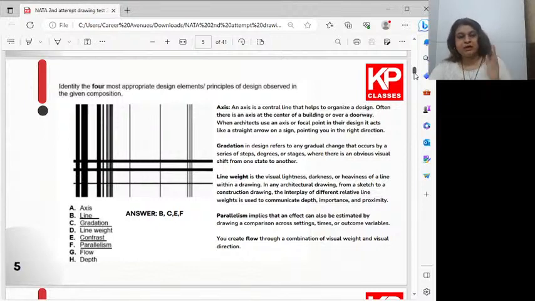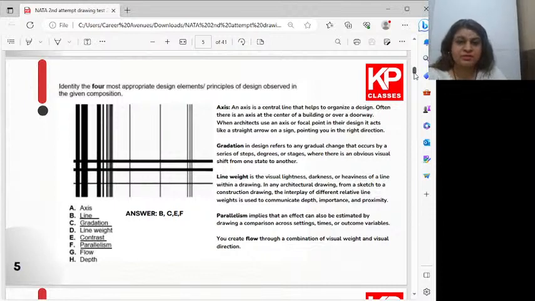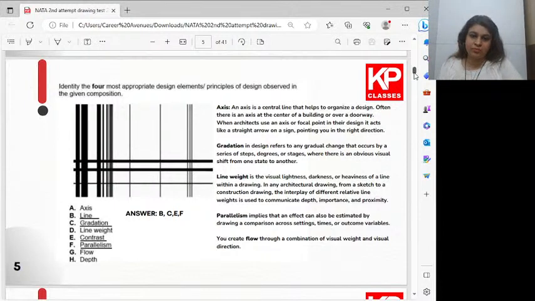So again, it is in terms of your architecture. When architects use an axis or focal point in their design, it acts like a straight arrow or a sign pointing you in the right direction. So we don't have an axis over here, but I gave out the meaning so that our students have the knowledge of this particular element.